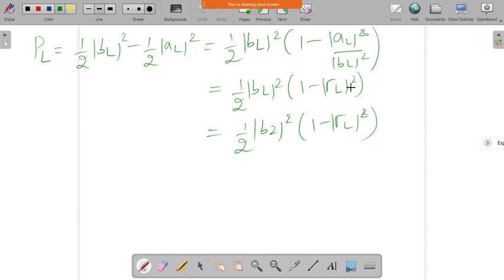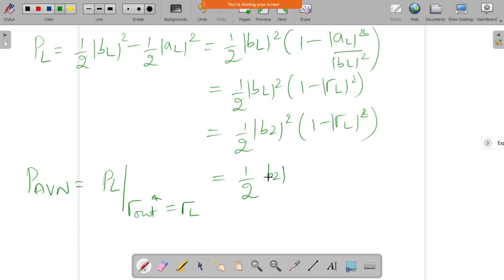Now if I look at the power available from the network, which is nothing but the load power when gamma out complex conjugate is equal to gamma L, we can write it as half into B2 square minus half into A2 square.